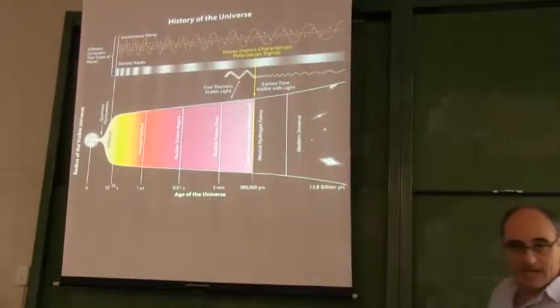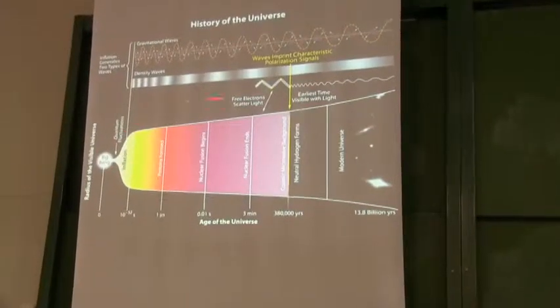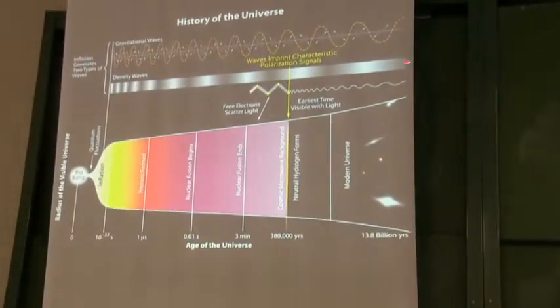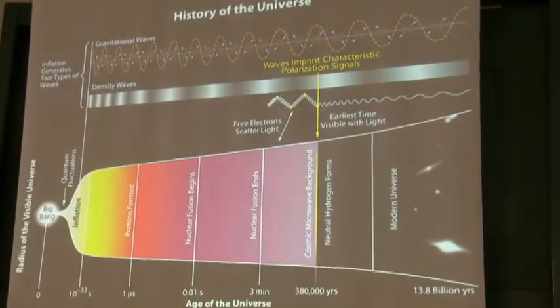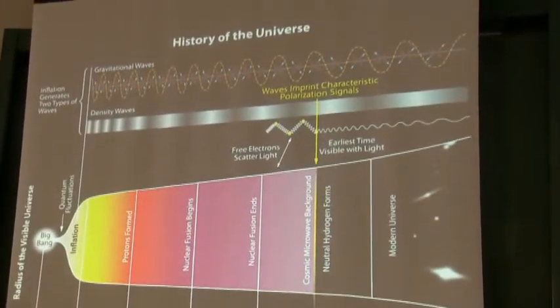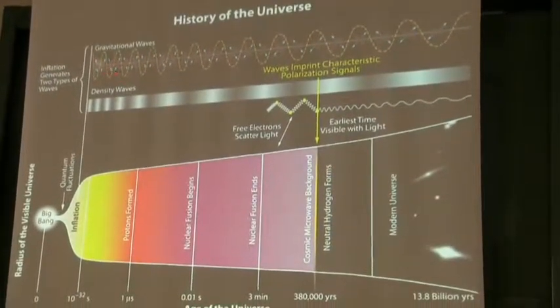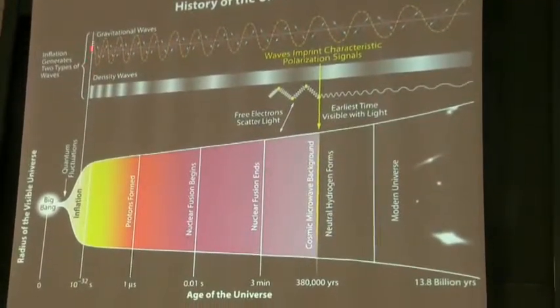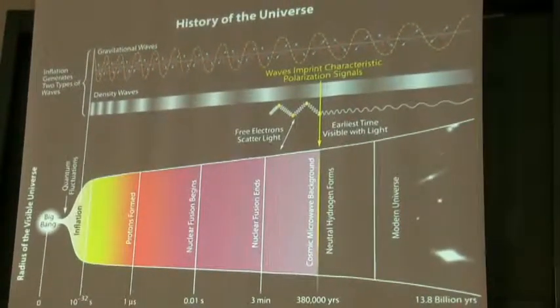Right. So I was describing that not only do we have density fluctuations, which are density waves in the way curvature is mapped on space-time hypersurfaces, but also you will have gravitational waves. These gravitational waves are transverse and traceless. They're very different from the density waves.